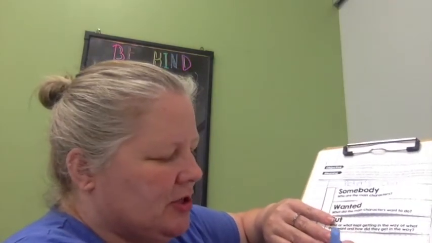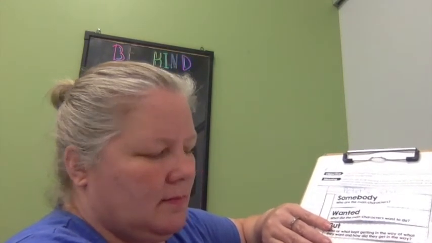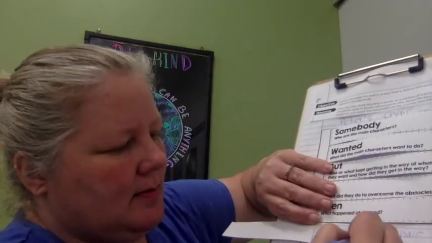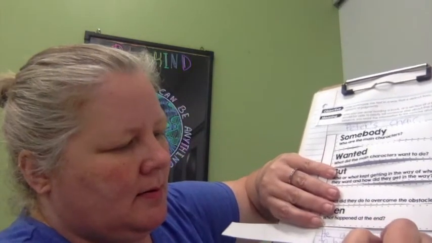And finally, what was the final resolution or lesson at the end of the story? He gave his chair to his baby sister. I know you guys can't read that. He gave his chair to his baby sister. So, and that's how the story ends.